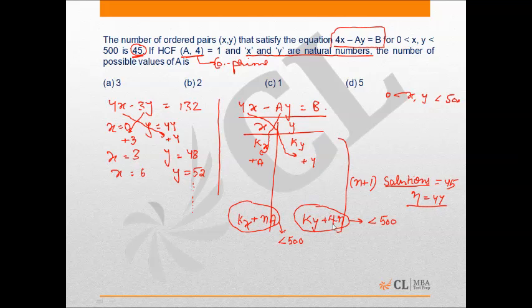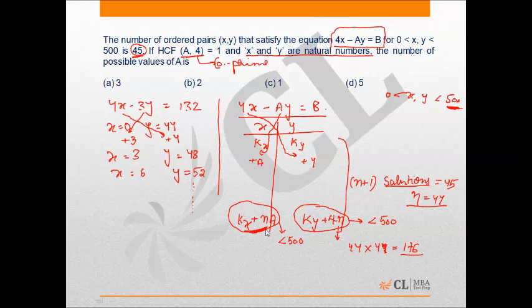If I come on to this, 44 into 4 comes out to be 176. So obviously this will not lead towards 500 as the mentioned limit. So obviously the limiting term is this.